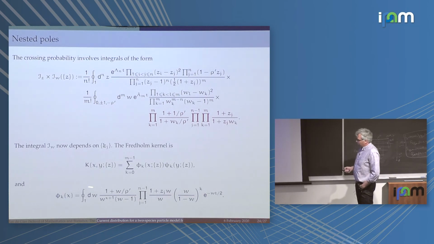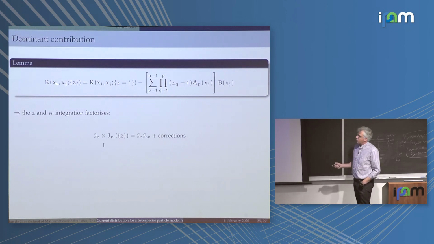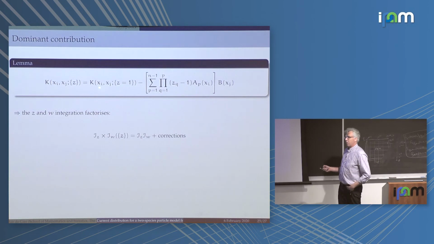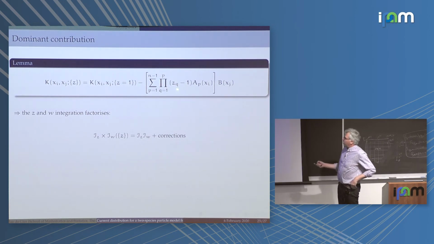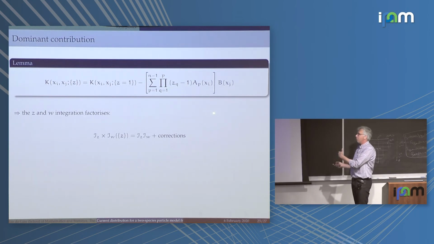Now if you analyze this kernel here, there's a statement that says that kernel is the kernel with the Z's equal to 1. So now you have a kernel where there are no longer Z's appearing, it just depends on the W's, times some correction terms that are linear in the Z's. And that's it. This allows you to estimate this second term, and it turns out, and we are working on this, that this term is exponentially small compared to that term.